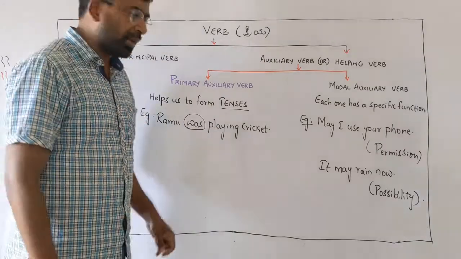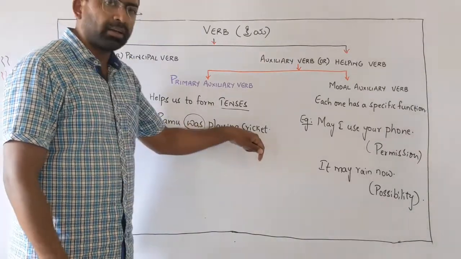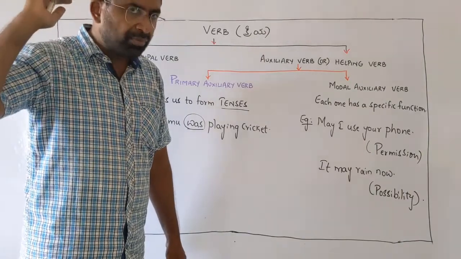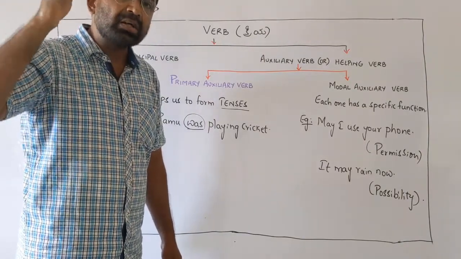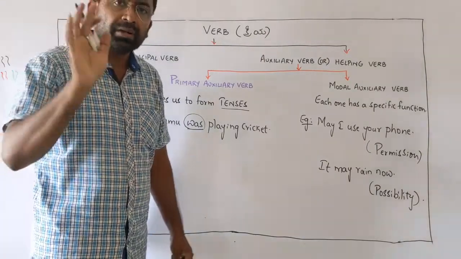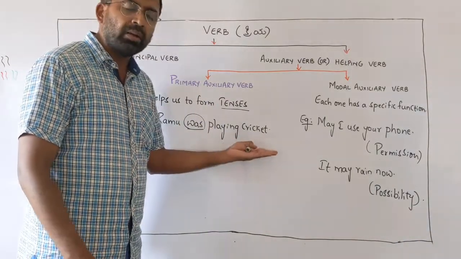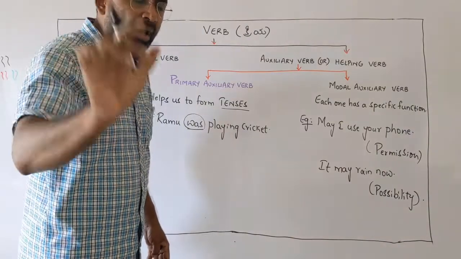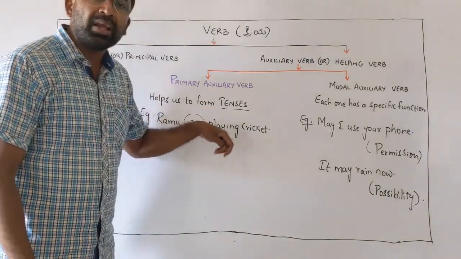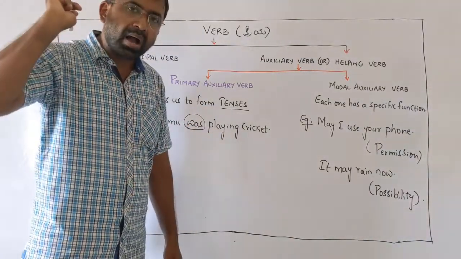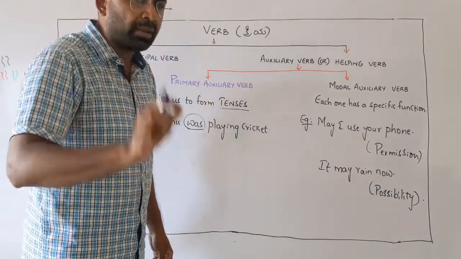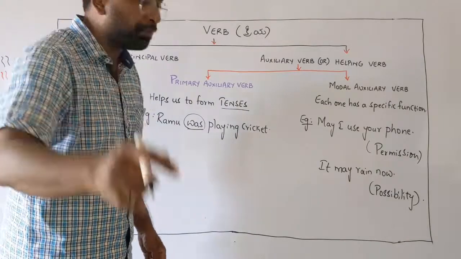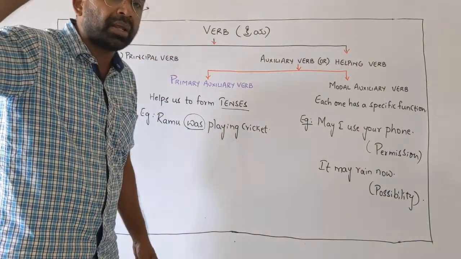Now to be specific, Ramu was playing cricket. That means in the past, maybe yesterday, last week, last month, last year or 10 years ago, whatever it might be. In the past, at a specific time, Ramu was playing cricket. That means at that particular time, this action was happening.